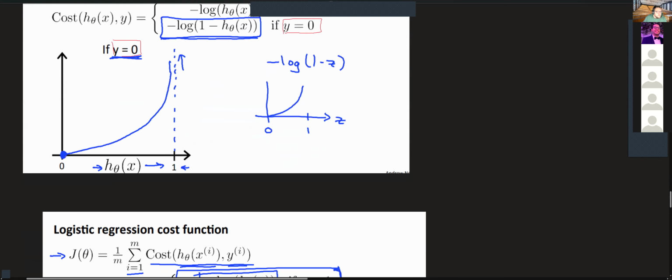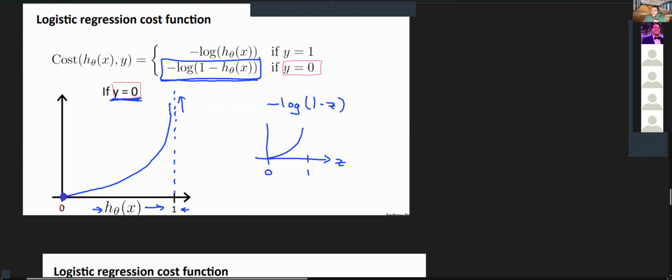So we basically now want it to start at 0, because then it's perfect. If our h of x predicts 0 and the truth is 0, our cost should be 0. That's pretty easy, right? That's the perfect case. So the perfect case would be y equals 0 versus our h theta of x also 0, and this should mean a cost of 0.